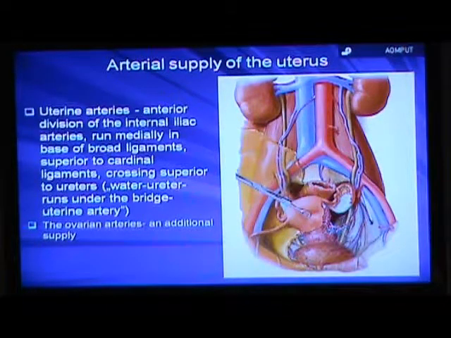But firstly, look, we can see here the uterine artery passes firstly laterally to the ureter, and next it passes above the ureter.